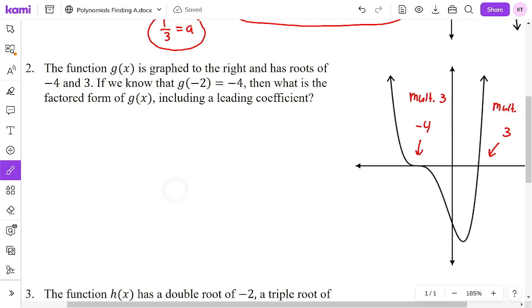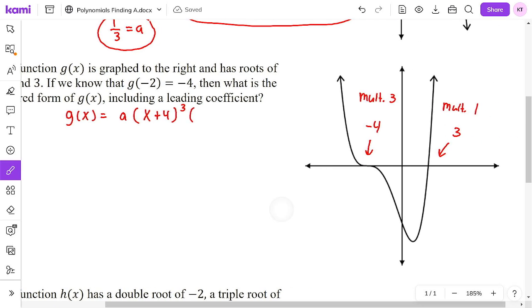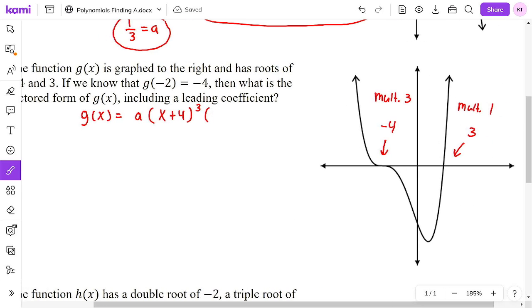So let's go ahead and write that general equation out now, which would be g of x is going to be equal to a times our first factor of x plus 4. And again, we put x plus 4 because that's the factored form of a root of -4. And this time, again, we're going to go ahead and put our multiplicity, this time being 3. And then our second factor will be x minus 3.